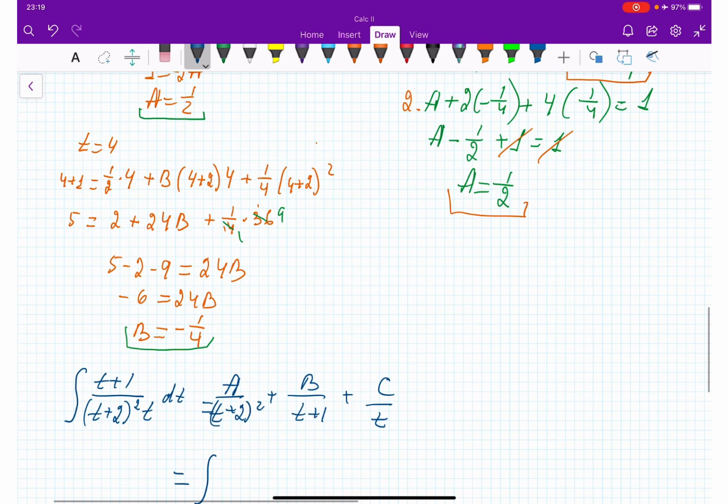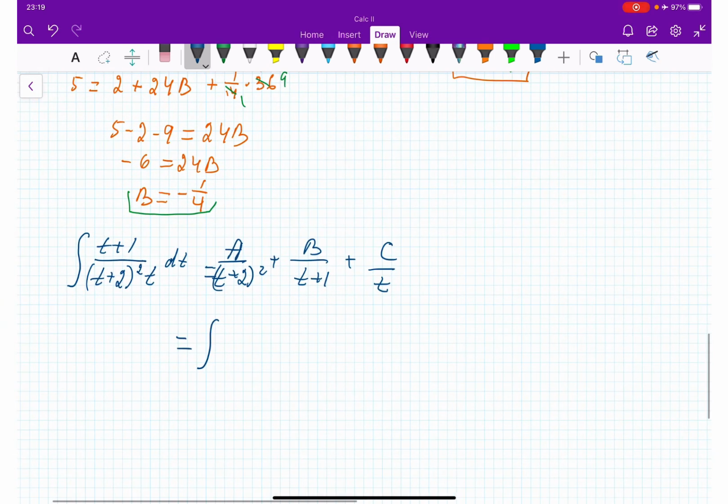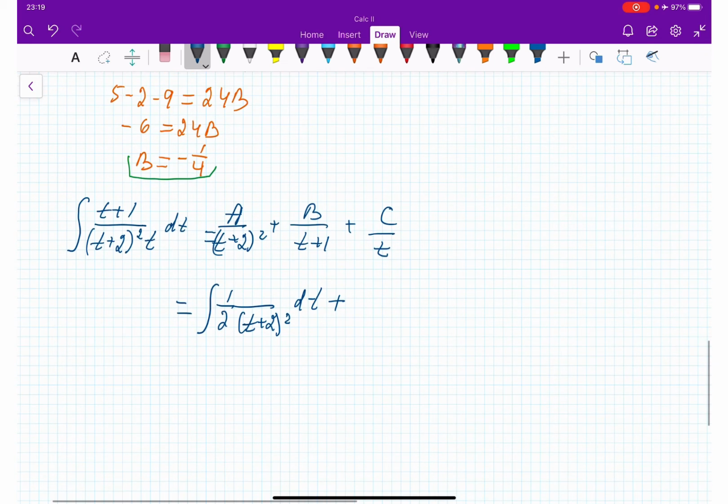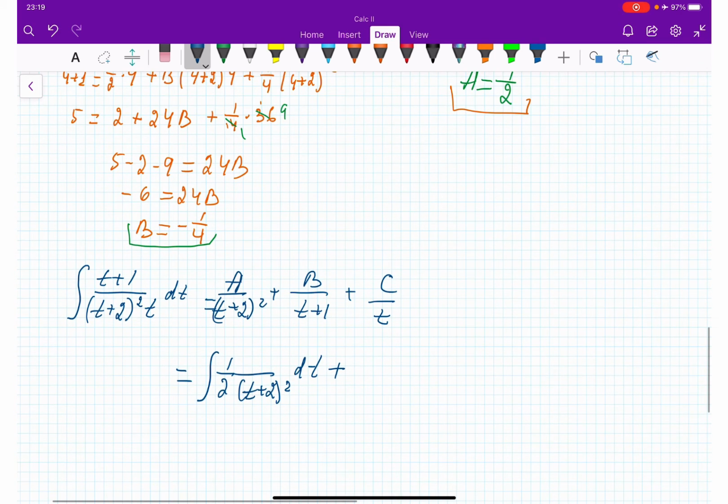A is 1/2, right? 1/2 over (t plus 2) squared dt, plus b is negative 1/4.